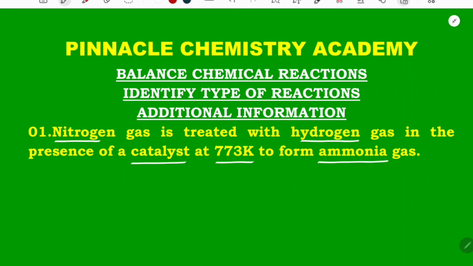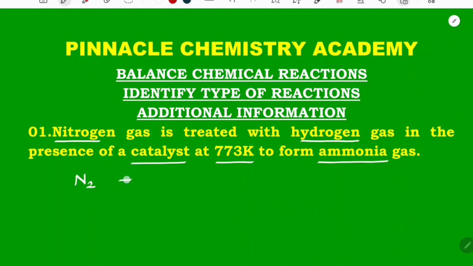They have given the chemical reaction in sentence form. Now we should convert this sentence form into equation form, then balance. Nitrogen means don't write N, write N2, because nitrogen is a diatomic molecule.